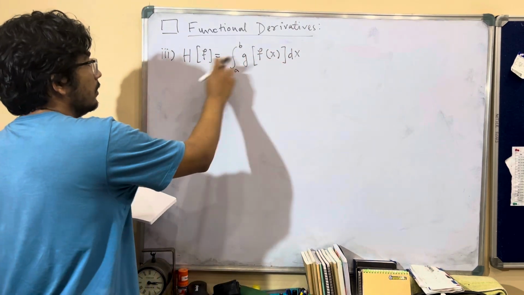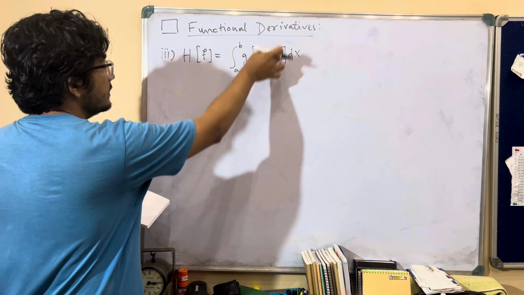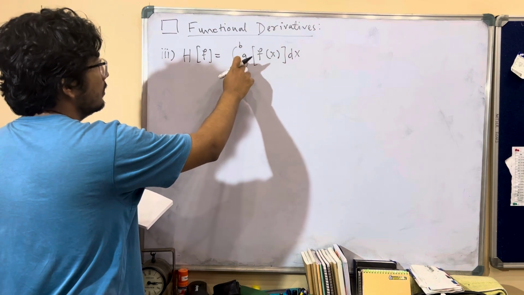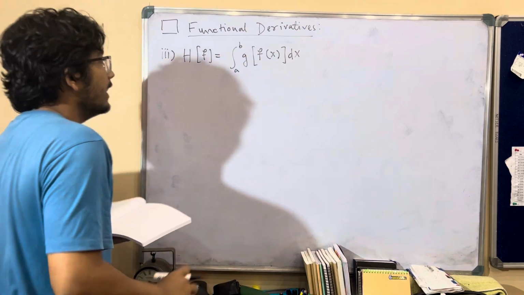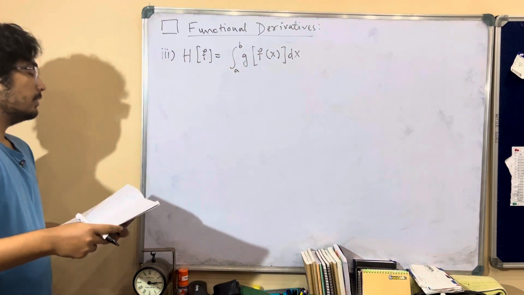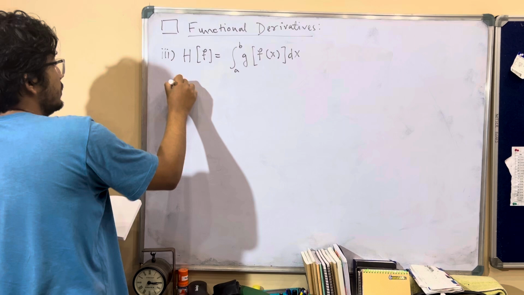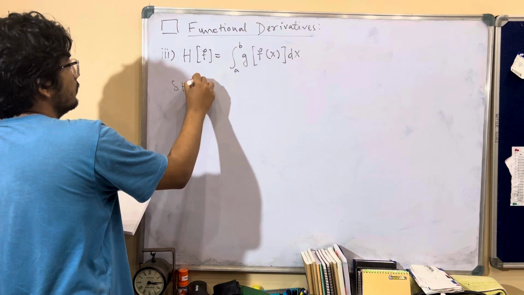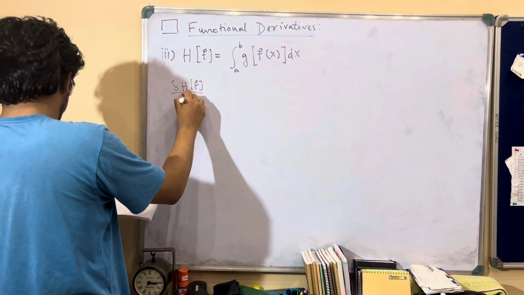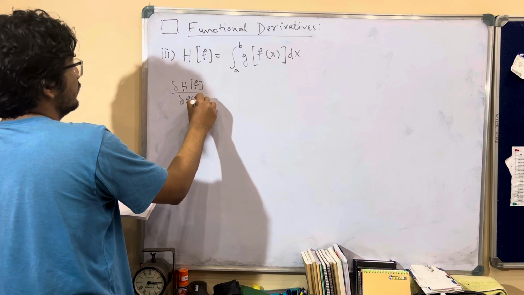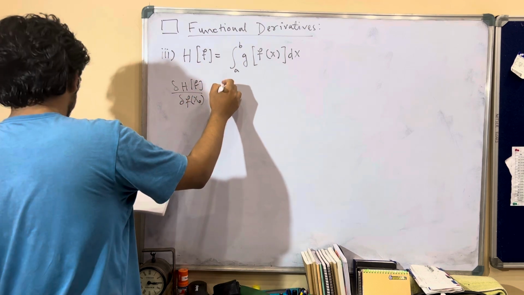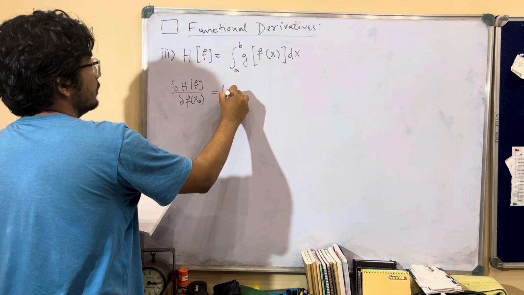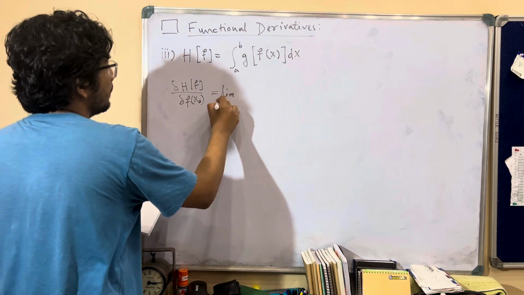This is a functional of f which is inside another function g, and then we have taken the integral with respect to x. So using the same definition, we will find out the functional derivative at x equals x naught, or x0, whatever you are comfortable with.